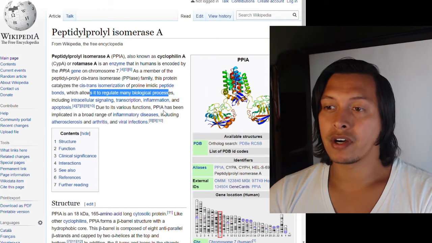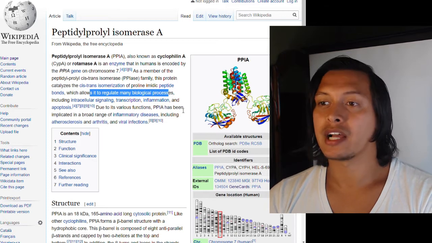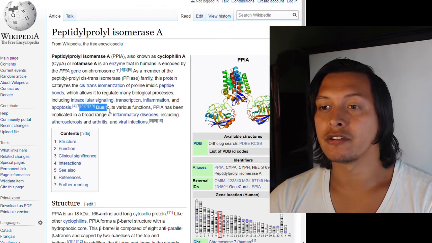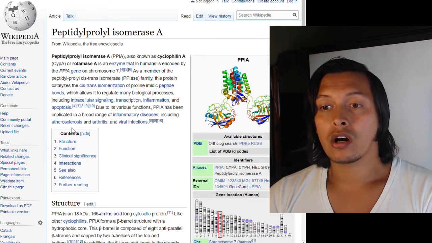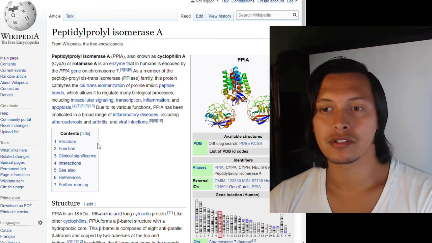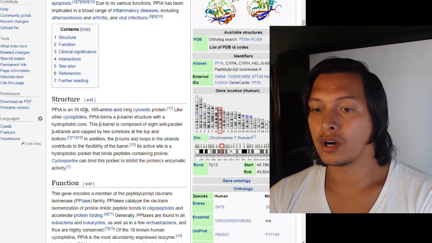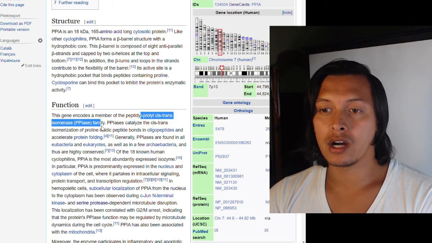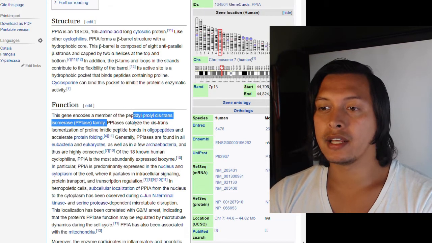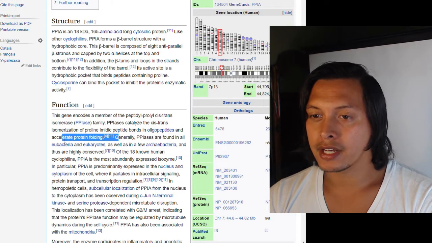Due to its various functions, cyclophilin A has been implicated in a broad range of inflammatory diseases, including, I can never pronounce it correctly, arteriosclerosis, arthritis, and viral infections.